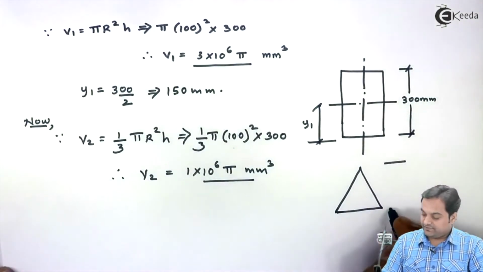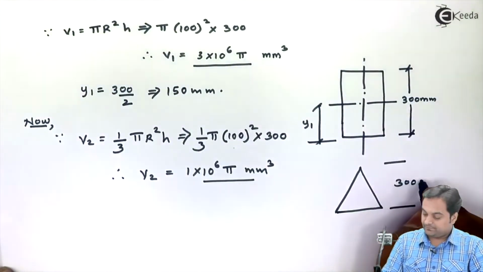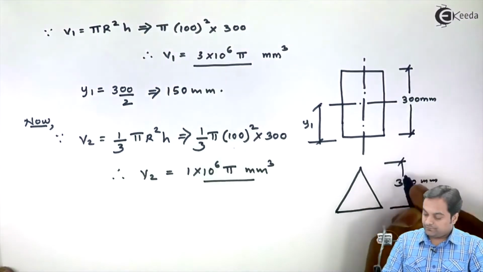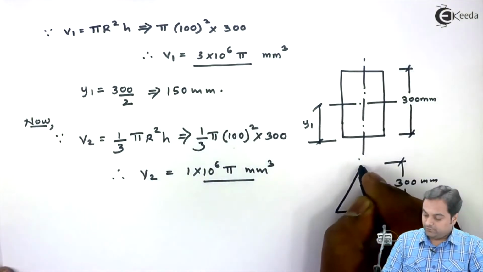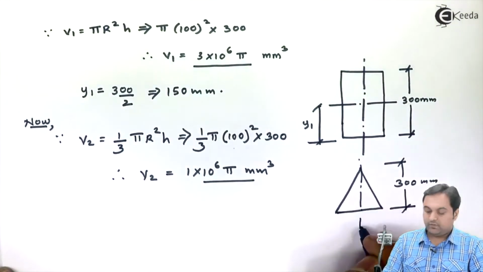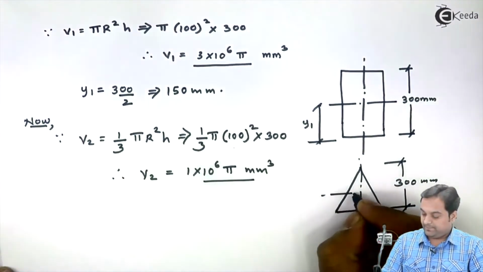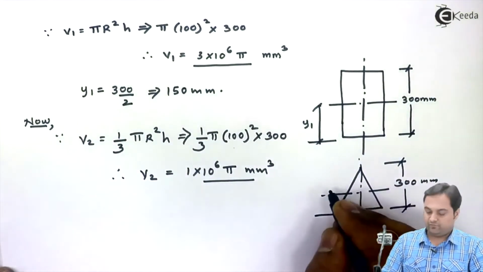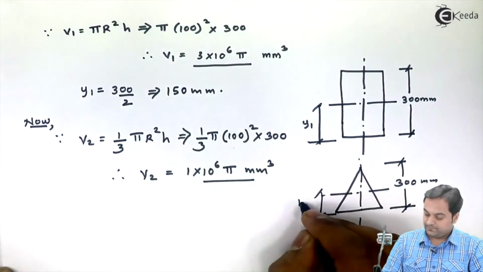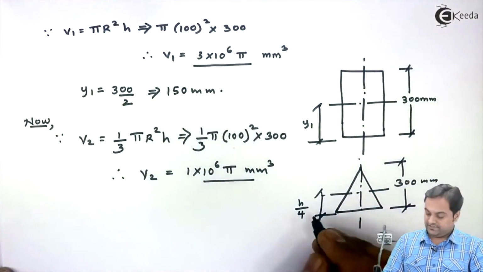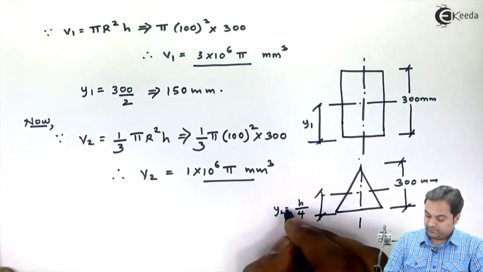After getting V2 for a cone, here the height is given, it is 300 mm. So for a cone, its CG will lie at h by 4 from the base. So this h by 4 is nothing but Y2.